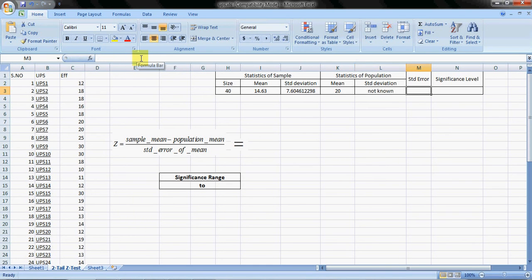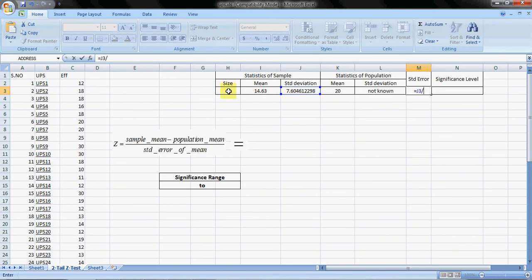So we have to compute the standard error of the sample. To compute the standard error, the formula is equal to standard deviation divided by square root of size.